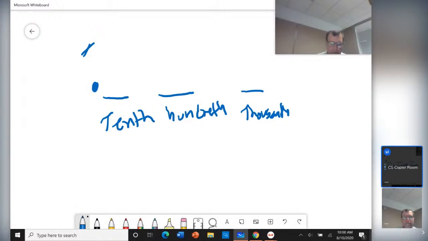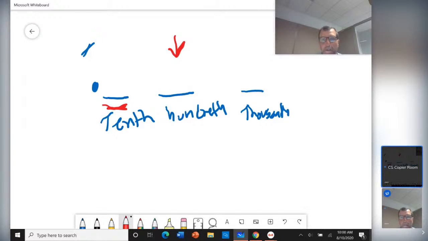Okay. So when it asks you to round to the nearest tenth, what you're going to do is look at the number in the hundredths place, so the number to the right.